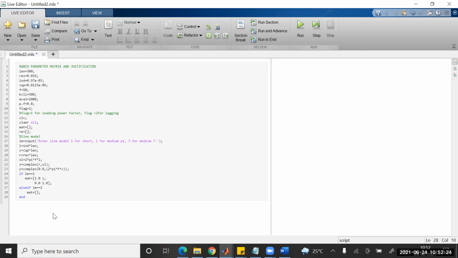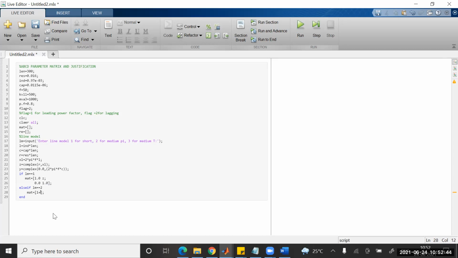If it is medium pi, then what will be its value? That will be your 1.